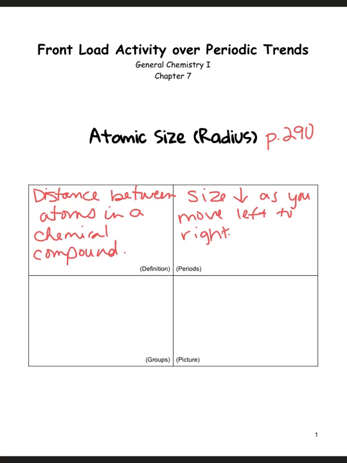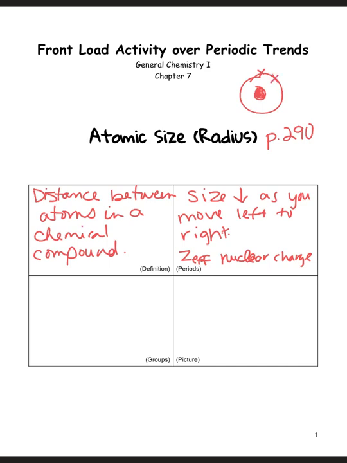Now, the reasoning here is something called, and the symbol that they use for it is Z subscript eff. That is nuclear charge. So as you go across that row, you're adding a proton, and you're staying within the same energy level. If this is the nucleus, you're adding one more proton, but it's staying within that energy level.